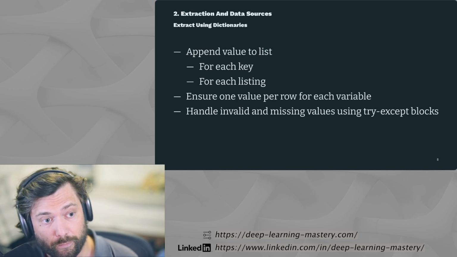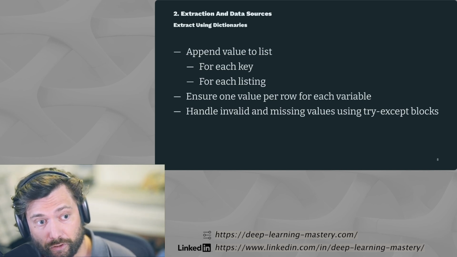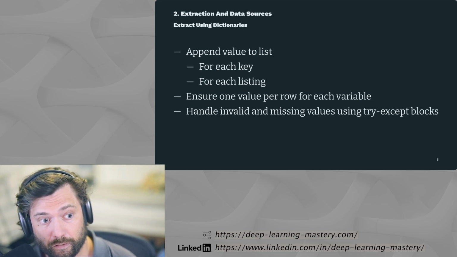So, for example, if you had something like elevator as a feature, you would find a yes if there was an elevator, but most of the time you would just find a missing value.